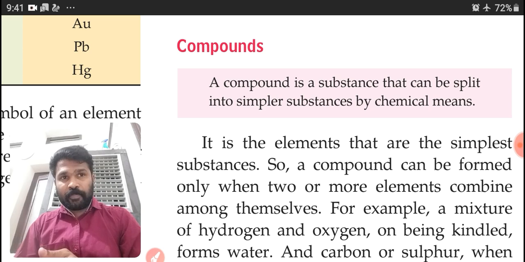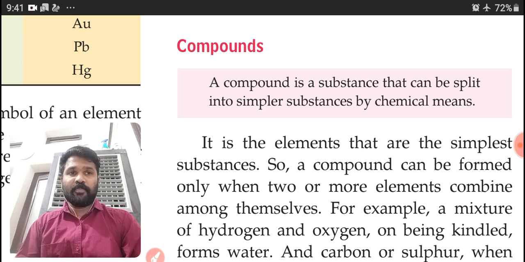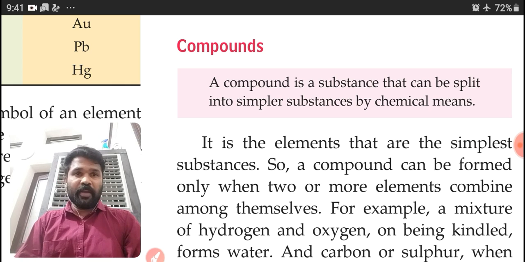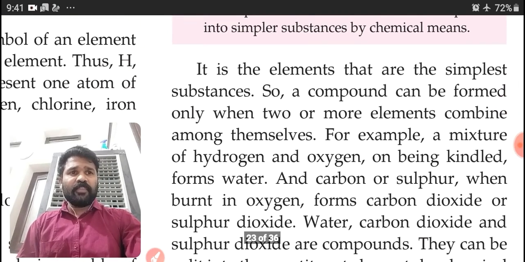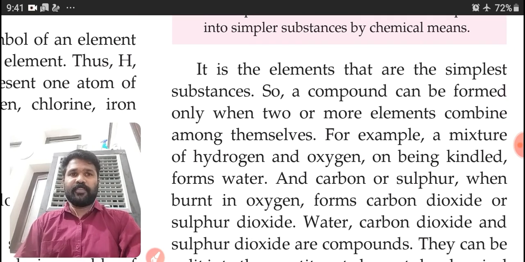That is the difference between elements and compounds. Elements are the simplest substances. So a compound can be formed only when two or more elements combine among themselves. A compound is formed by the combination of elements.